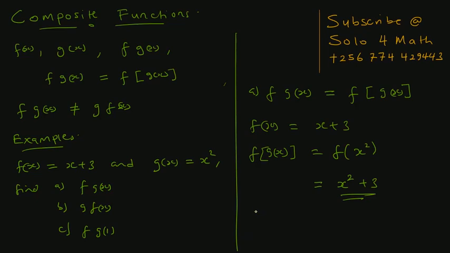Let's see part b. If you want to get g(f(x)), we are going to substitute f(x) in the function of g. What was our g(x)? Our g(x) is equal to x squared.